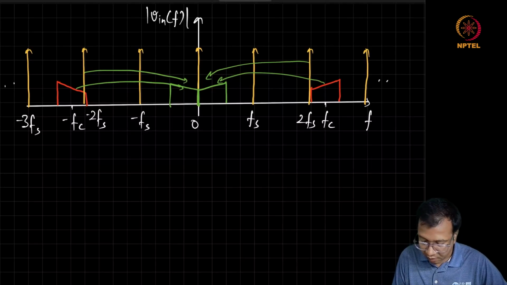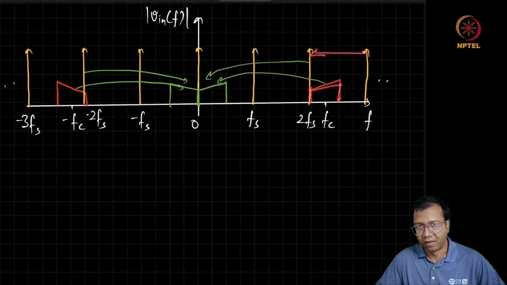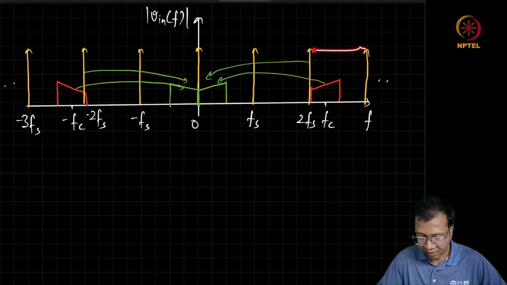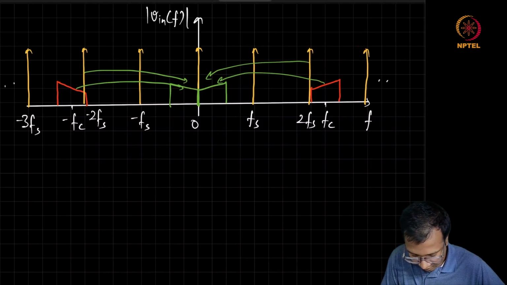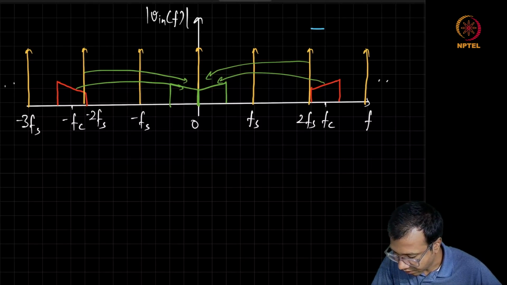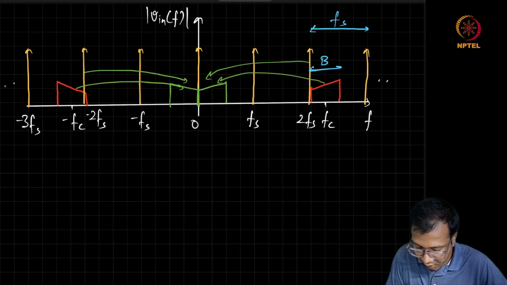And here we have carefully chosen the signal bandwidth to be half of the sampling frequency. So the spacing between these impulses is Fs, and we have chosen this bandwidth B to be equal to Fs by 2.